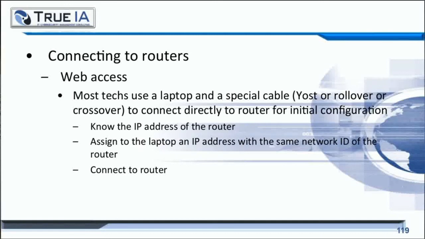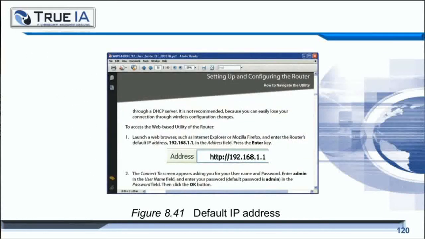While most techs will use a laptop and a special cable like the rollover cable to connect directly to the router for its initial configuration, after the basic setup, most will then switch to the web-enabled interface.